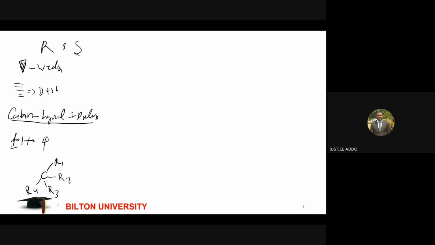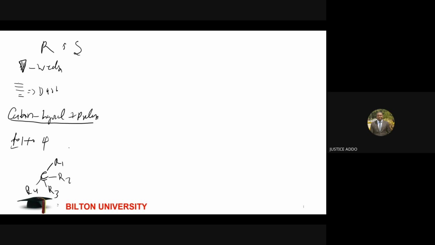And remember, these are atoms which are directly attached to this carbon, and this carbon should be a chiral carbon. We have done what a chiral carbon is, and now we know that it's a carbon which is attached to 4 different substituents. So there are sub-explanations under the Cahn-Ingold-Prelog rule. The first one is that the atoms directly attached to the chiral center get first priority.